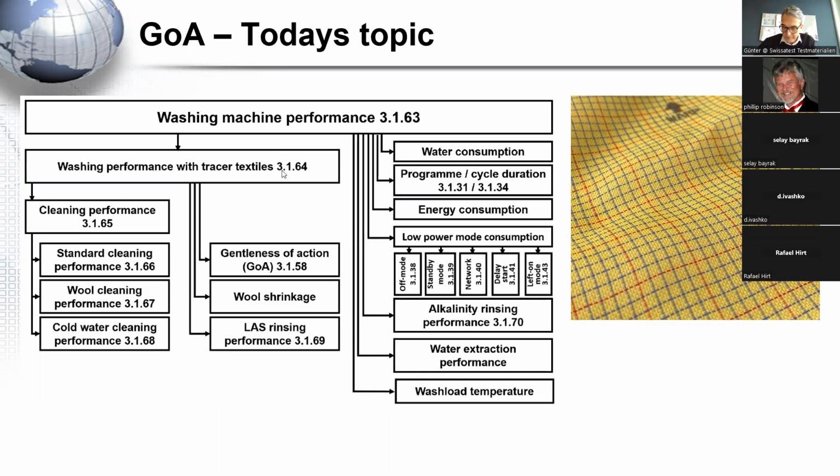On the next slides, I would like to tell you about the history of the Gentleness of Action, the structure, the properties of the material, and some facts and figures of the thread amount, preparation of the samples, the loading in the washing machine, the unloading, the counting, and also the evaluation. In this overview, you can find it under 3.8.58.